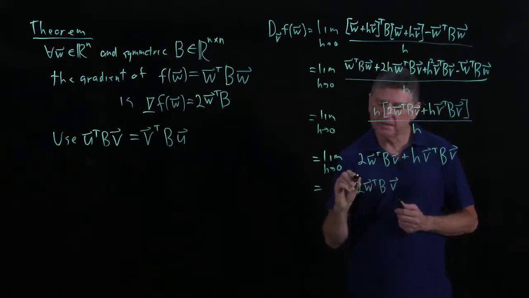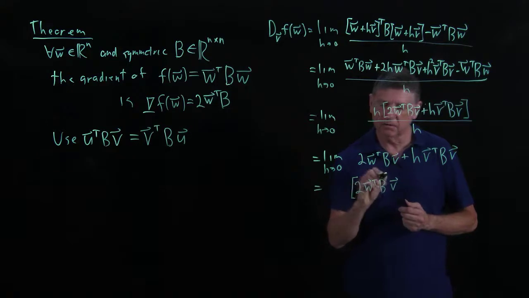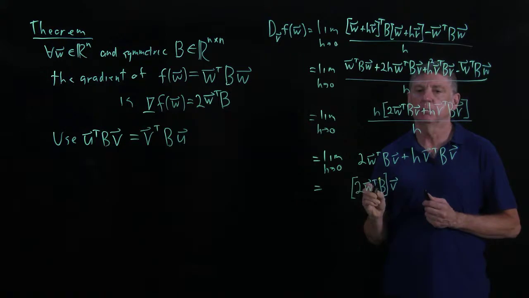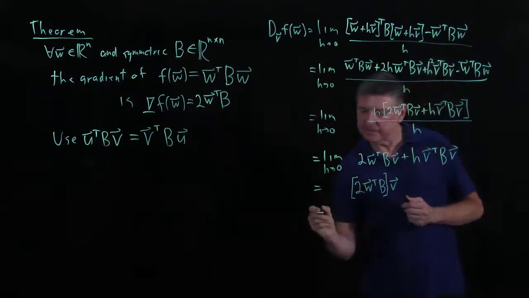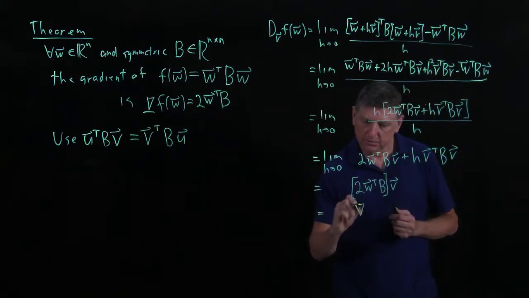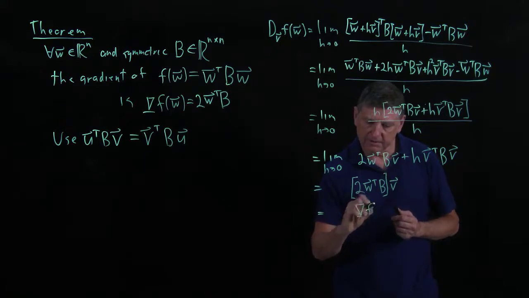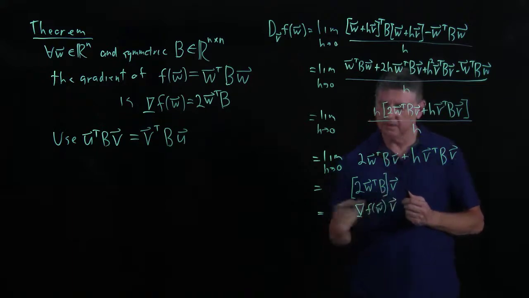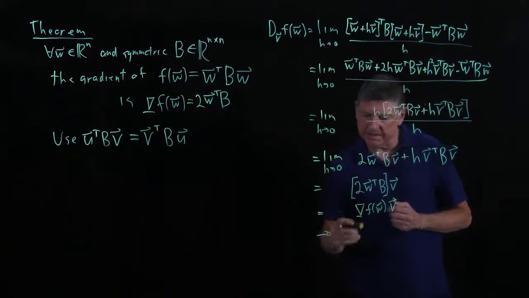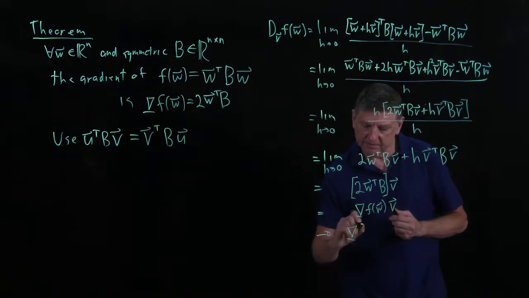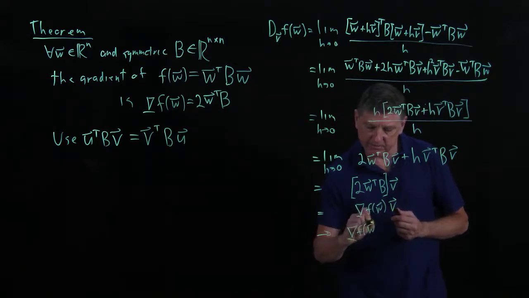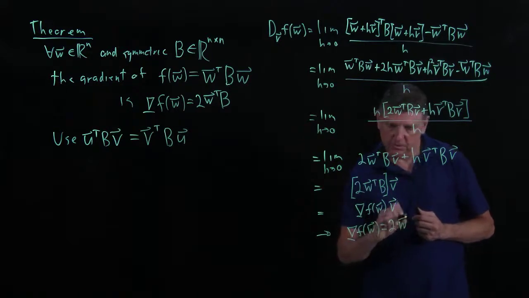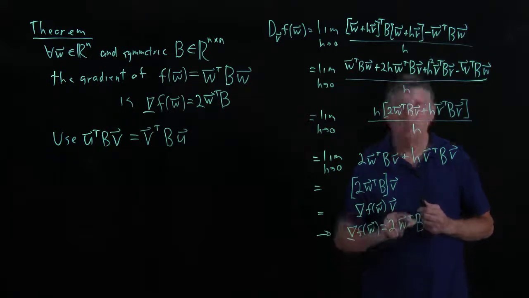And now let's put a bracket around that term, because that's a one-form term, and that has to equal the gradient of the function evaluated at w times v. So that implies that the gradient of the function at w equals this one form, which is 2 w transpose b.